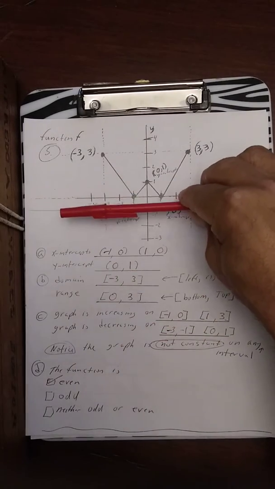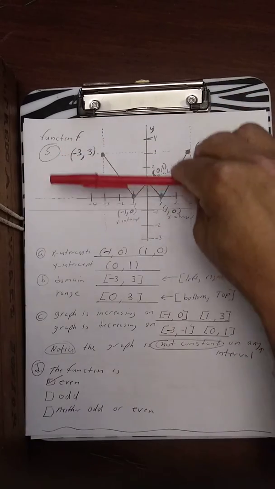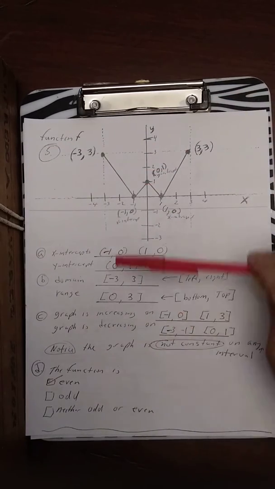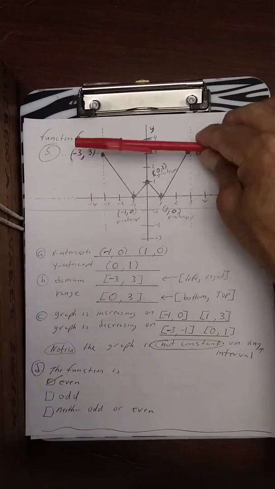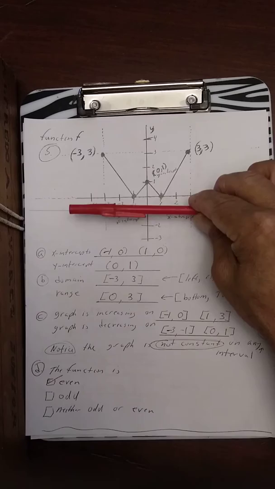Range, from the bottom of the graph to the top. So bottom is 0, that's where it is, goes all the way up to 3. So the range is from 0 to 3.